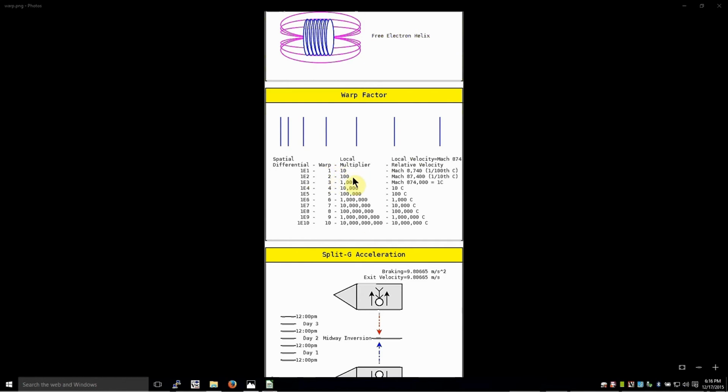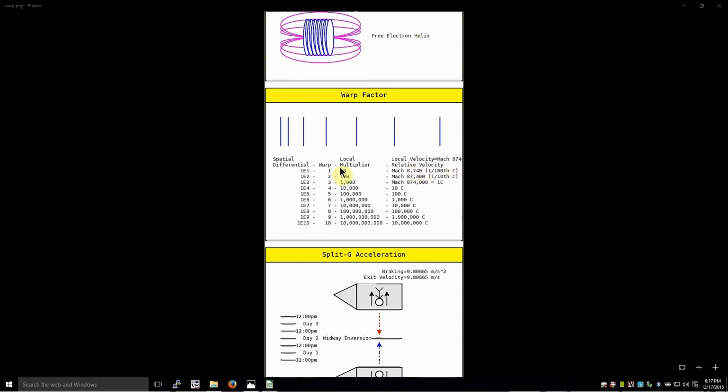So if you're traveling, let's say, 874 times the speed of sound, real fast, right? At warp 1, you have a 10 to 1 multiplier, and that means you're now traveling at relative speed 1/100th the speed of light. Relative to you, you're only traveling 874 times the speed of sound.